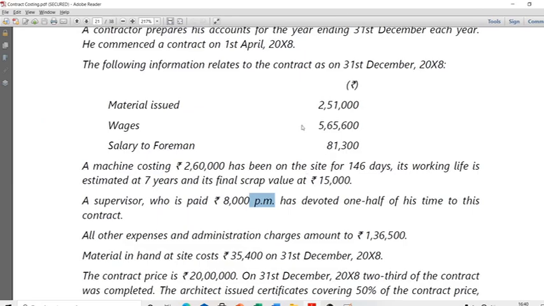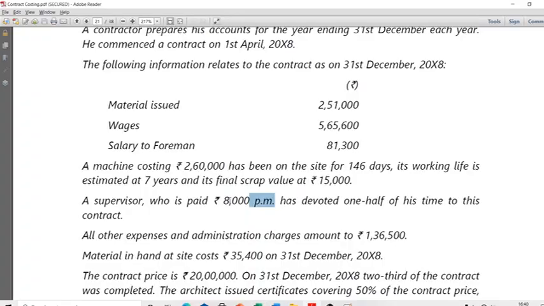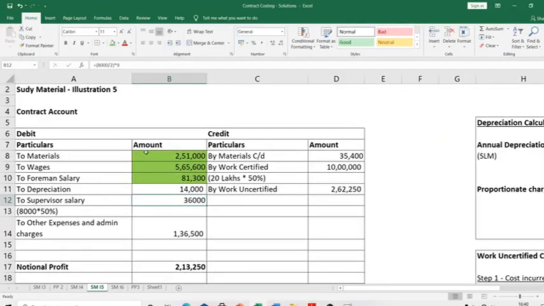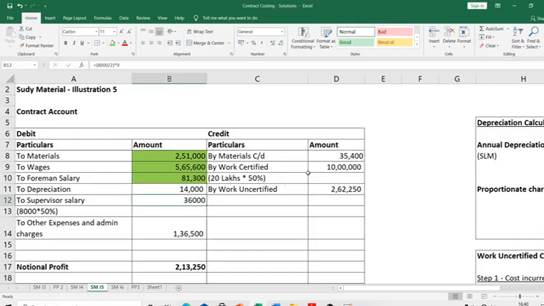So we are talking about 9 months, 1st April to 31st December. So it's 8,000 into 50%, 4,000 into 9, it is 36,000. Be very careful about this. It's 8,000 per month. That means 4,000 per month. If you take half of it, 4,000 per month into 9 months. Why 9 months? 1st April to 31st December, April to December, 9 months, 36,000. So we have finished supervisor salary also.